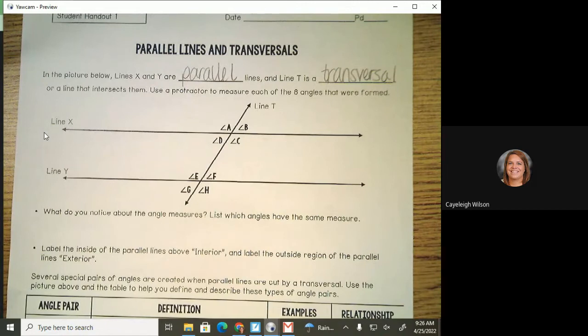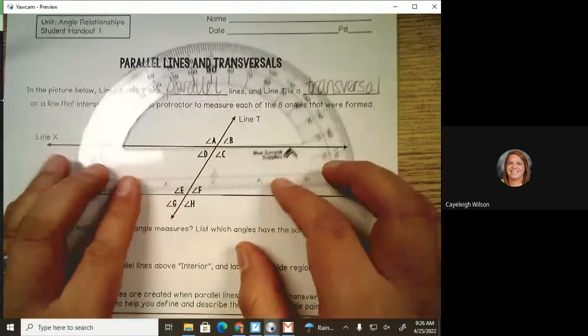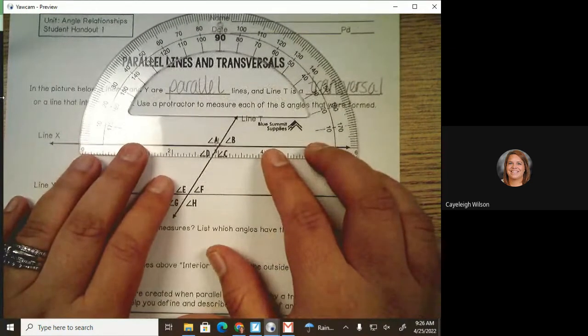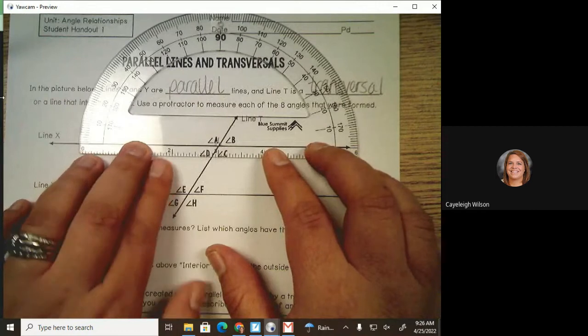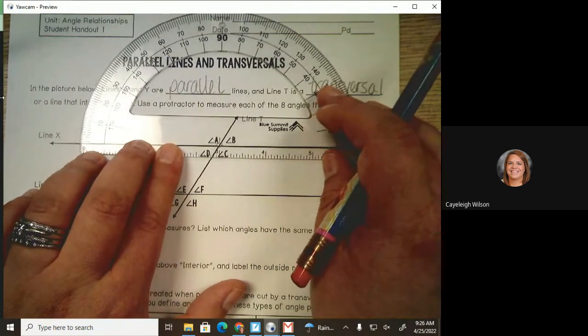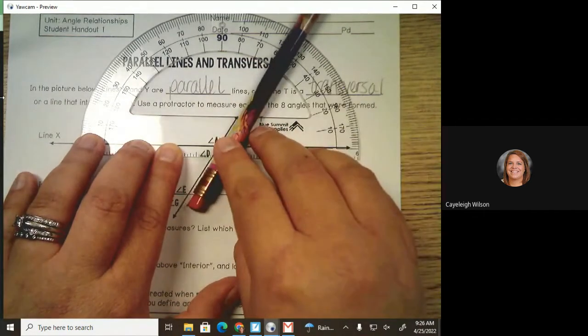The way that you use a protractor is you're going to take the little circle and put it on the angle, and make sure your line is lined up. Make sure that's lined up on the angle, and then you just follow that line straight out.